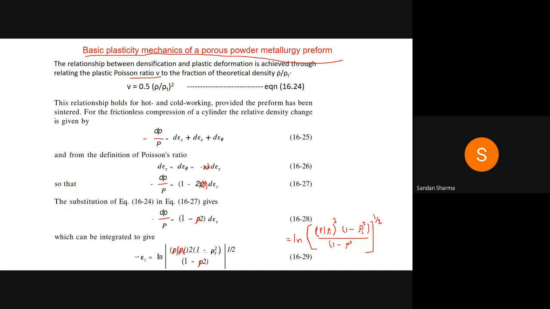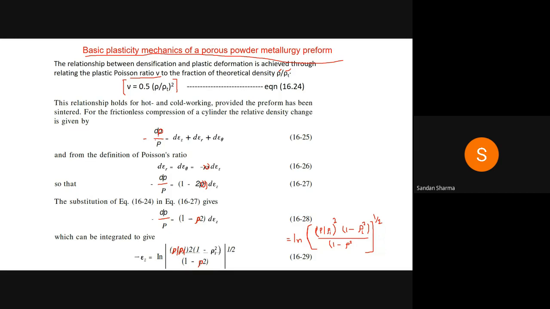This is the density you are getting, and this is the theoretical density. Using this formula you get the value of nu, and at the same time, if you go with the frictionless condition, this is rho.